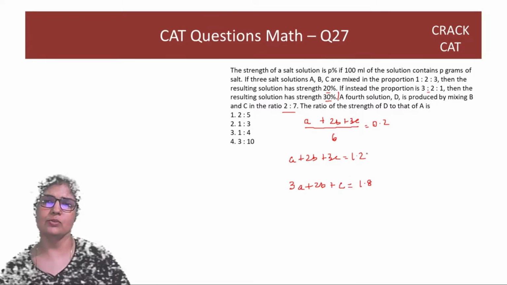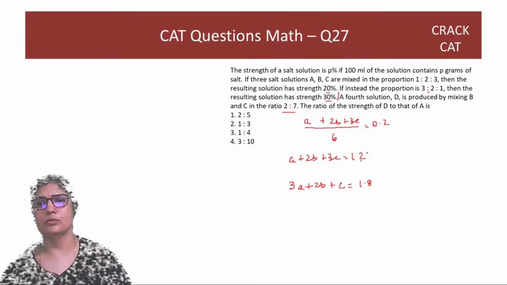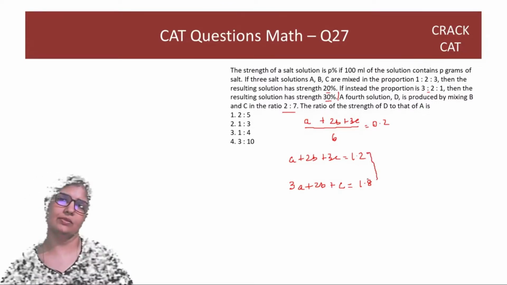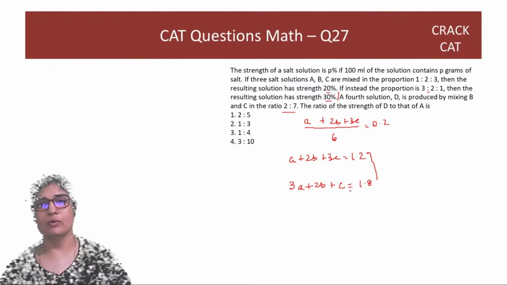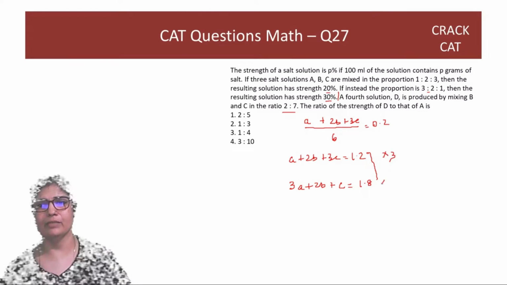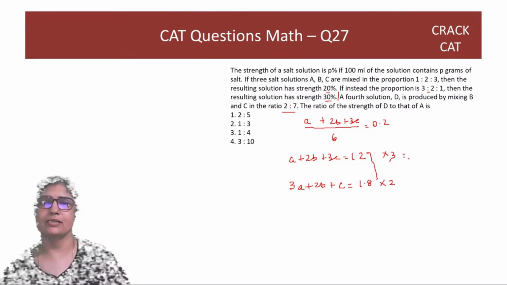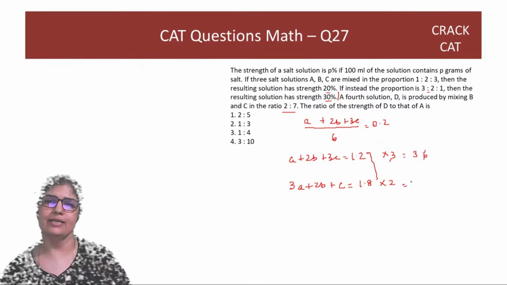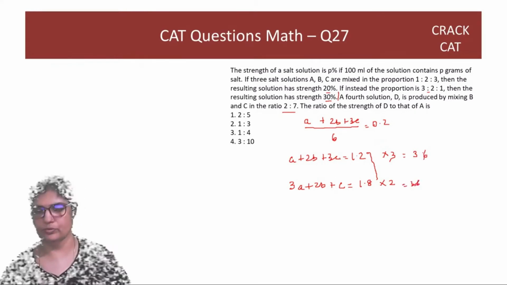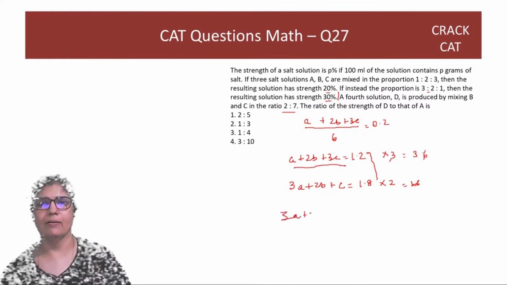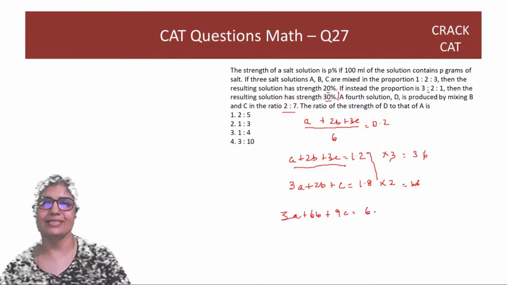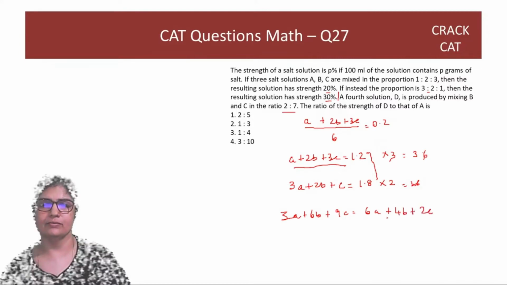So now to equate them, usually you can't work with the numbers. We'll try and equate the two sides, so at least some things may cancel off. So if I want to equate, I'll multiply this with 3 and multiply this with 2 to get 3.6 on both the sides, and hence then we can equate these two. So multiplying this equation with 3 gives us 3A plus 6B plus 9C is equal to 6A plus 4B plus 2C.